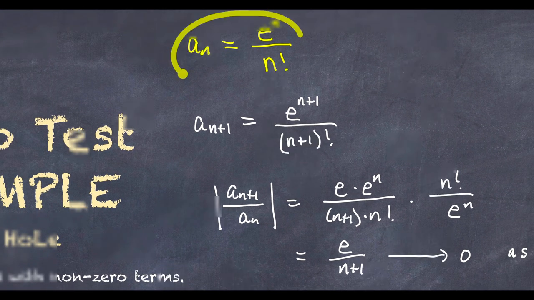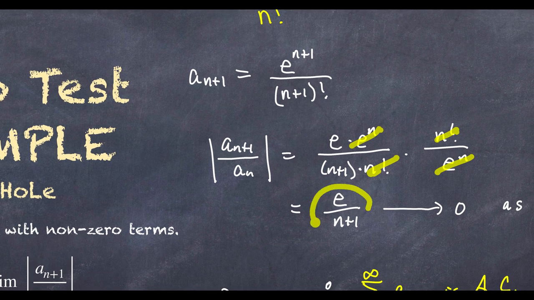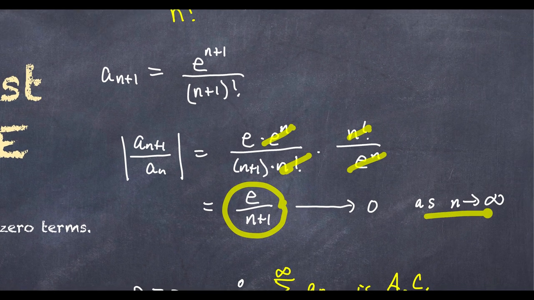Here was the original term. Write down its reciprocal. Produce cancellations. After the cancellations, this constant over something getting really large will go to 0 as n goes to infinity.